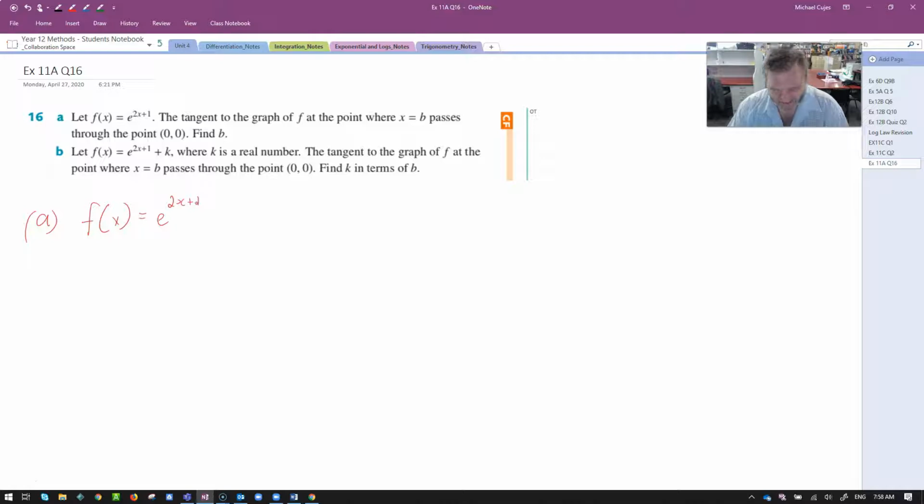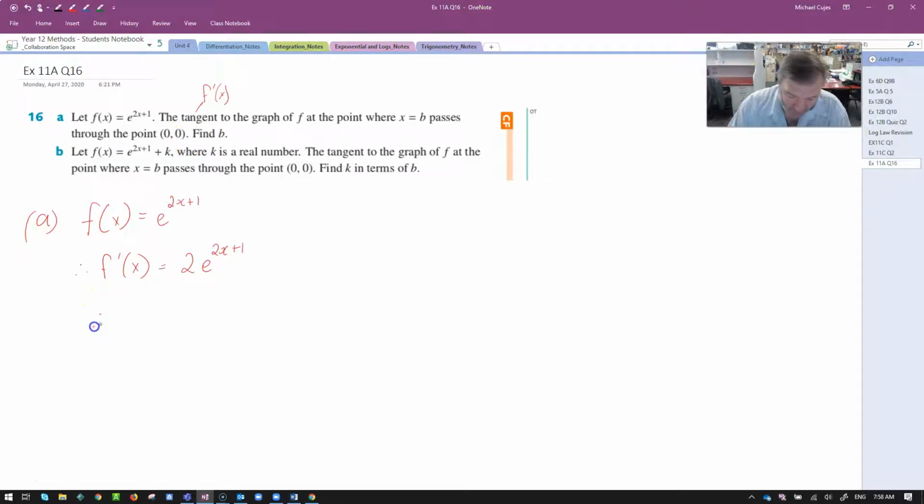Well, tangent, we're already thinking gradient, aren't we? So let's go ahead and find the gradient. f dash of x is going to be the derivative of e to the something, which is e to the same thing multiplied by the derivative of the power, which is 2. Now we know that f dash of b doesn't really tell me anything except that it will pass through the origin.